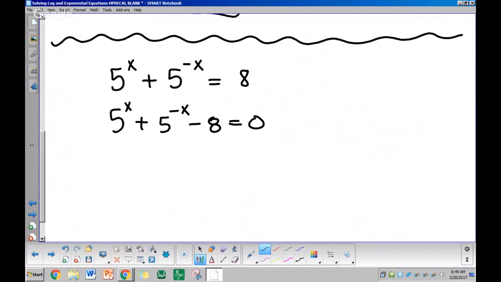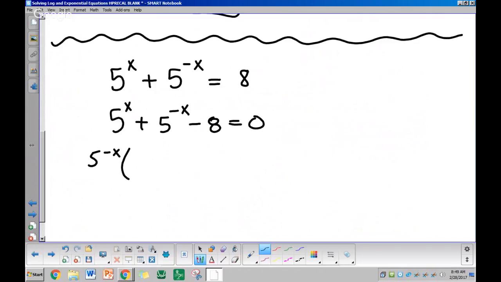You should always factor out the lowest exponent, which is negative x in this case, because it's going to make what's left easier to deal with. It's a great question. So what are we factoring out here? 5 to the negative x, which is uncomfortable, I know. What's left here?